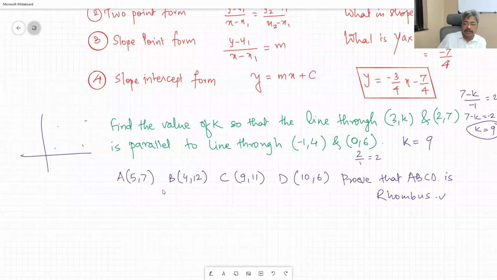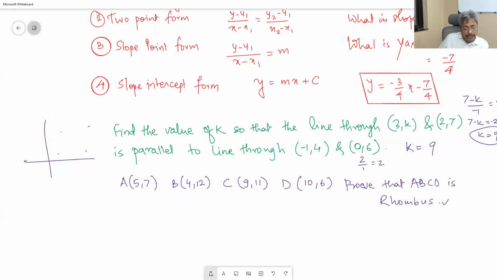So it's based on the distance formula. However, you can also show AB is parallel to CD by equating the slope. So it will be a parallelogram. So show opposite sides are parallel and adjacent sides AB is equal to BC. Then it's a rhombus.